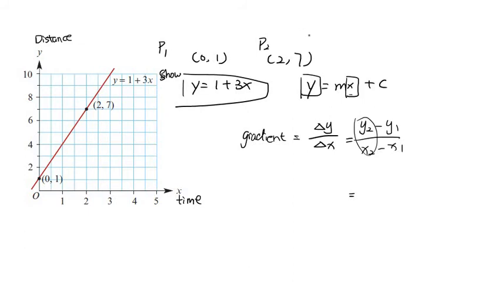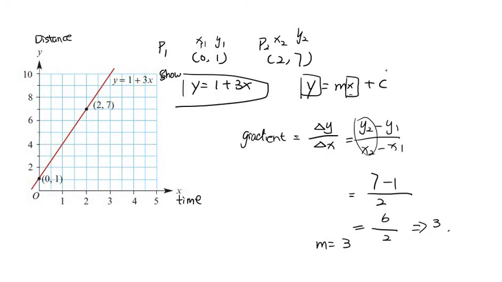Now y2 equals 7, y1 equals 1, so 7 take away 1. And x2 equals 2, x1 equals 0, so 2 take away 0, which is just 2. On the top of the fraction we have 6, divided by 2, so the answer is 3. The gradient equals 3, which means m in the general equation equals 3.